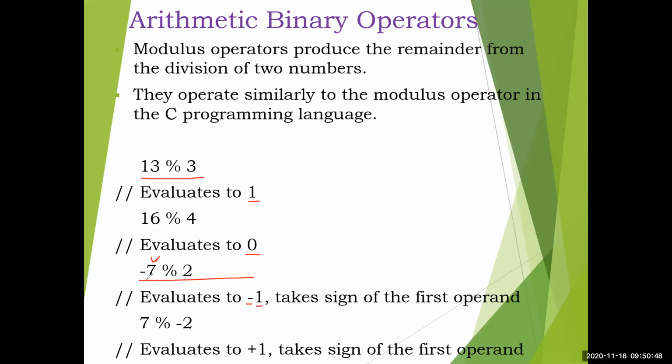Whatever the first operand's value, accordingly it will take the sign. If you reverse this, 7 % minus 2, it will give the result plus 1, because it takes the sign of the first operand, which is plus here, and the remainder is 1. So this is about how the modulus operators work.